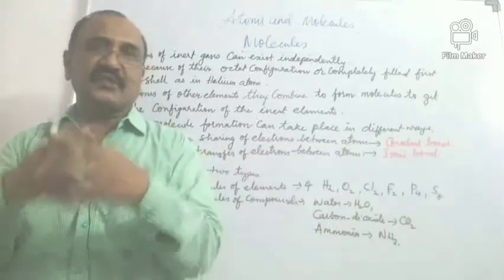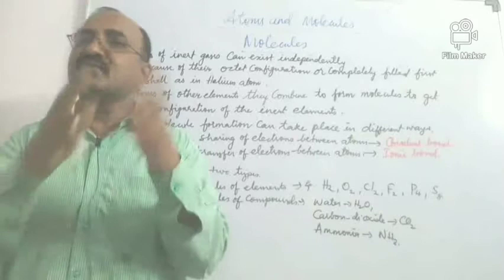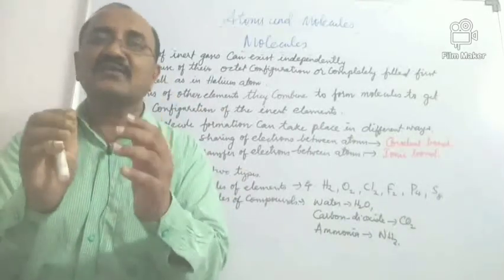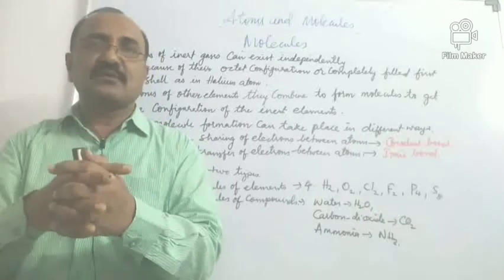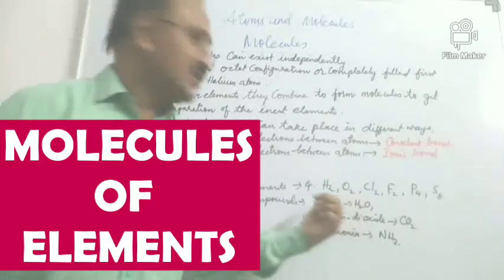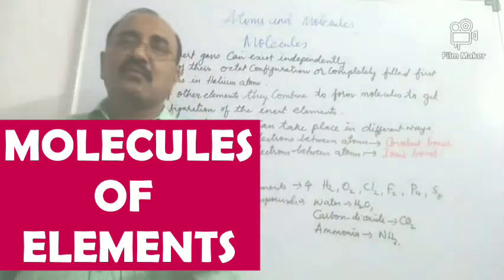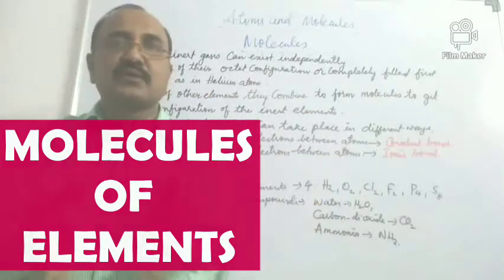So what is a molecule? A molecule of any substance, either an element or a compound, is that entity which has independent existence. So children, this is a molecule. Next, there are also molecules of compounds. We have seen molecules of elements: the atoms of the same element combine to form molecules, so they are called the molecules of elements.